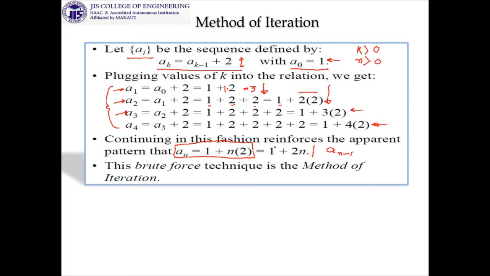We get 1 plus 2n, which means the term depends on the index and not on the previous terms of the sequence. This technique is our method of iteration. It is a very simple technique. We will show you more examples, and we will practice some problems in the class.